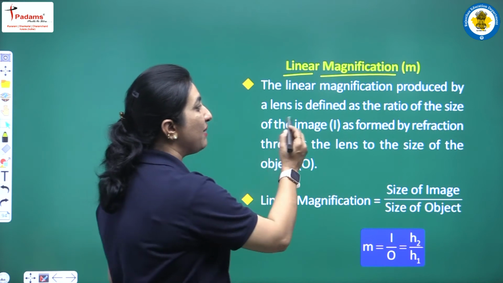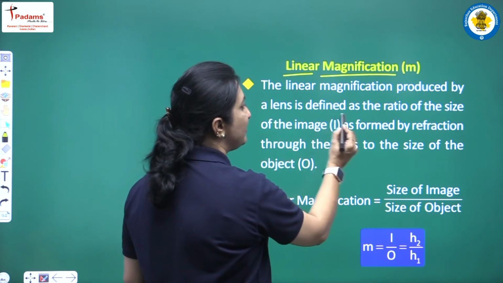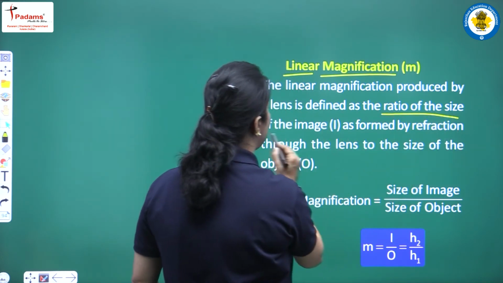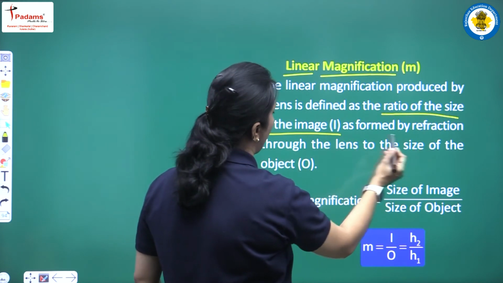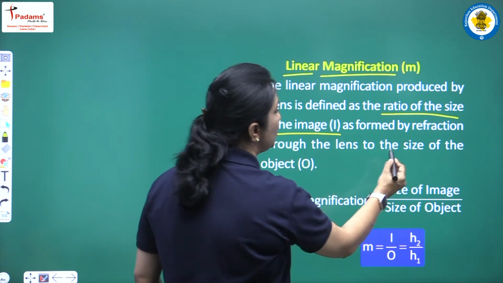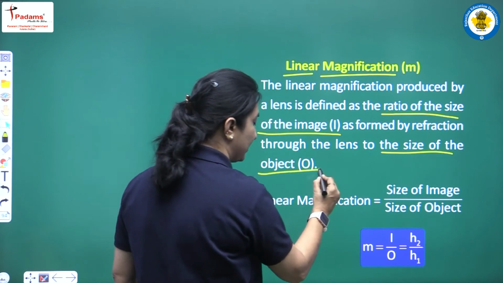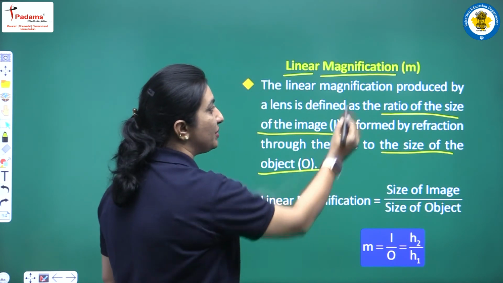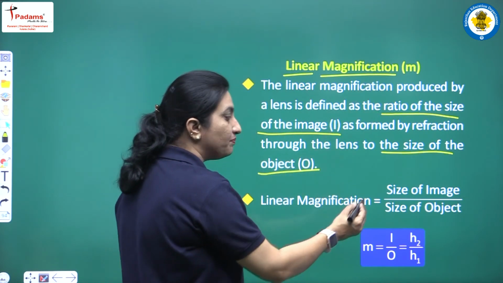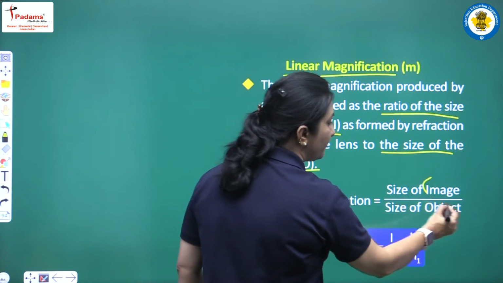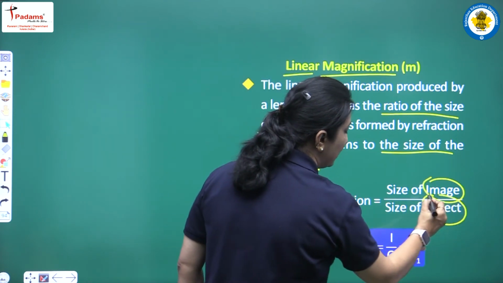So, the linear magnification produced by a lens is defined as the ratio of the size of the image as formed by refraction through the lens to the size of the object. So, linear magnification, which is represented by small m, is the ratio of size of the image and size of the object.